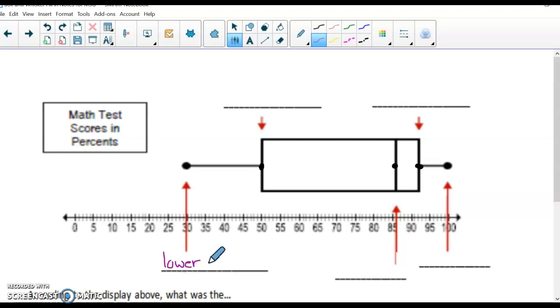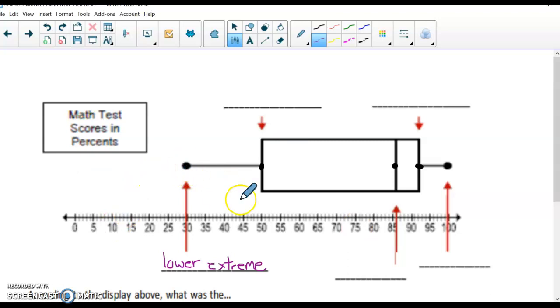Our first number is our lower extreme. That is going to be the smallest number in the data set. We typically find this anyways when we're finding range, so this is not a new term for us. And sorry that it took so long. Trying to write without a mouse is pretty hard.